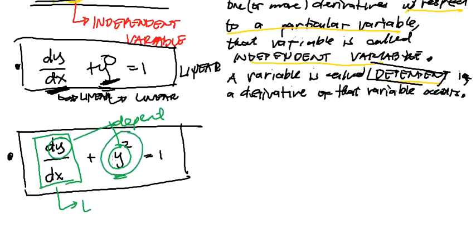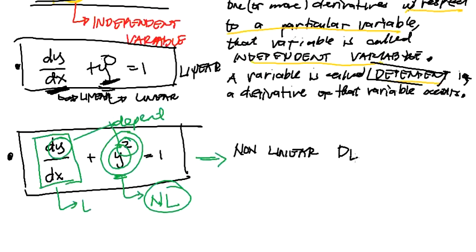In the second term, we have y squared, wherein this dependent variable y here is raised to 2, and that is not linear. Therefore, this equation is considered a non-linear DE.